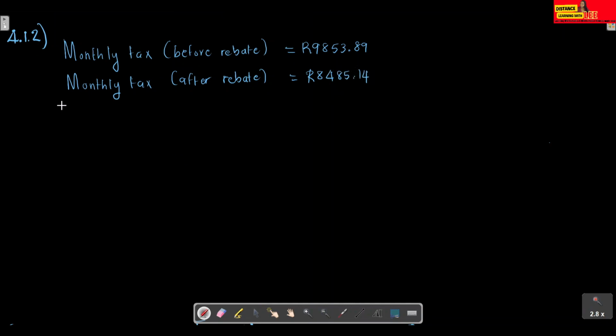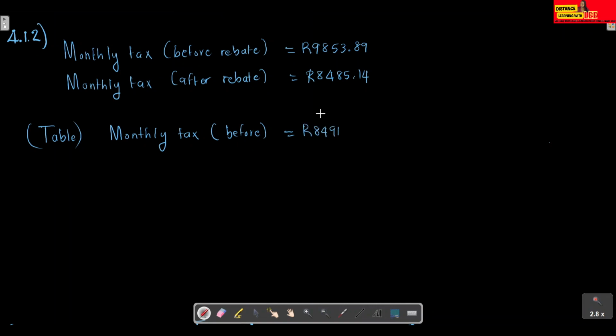Then we went on to calculate what is his monthly tax according to the table. And we said that the table represents an amount before the rebate, because the table didn't say that the rebates have been included and already subtracted. So we can just assume that it's before the rebate.